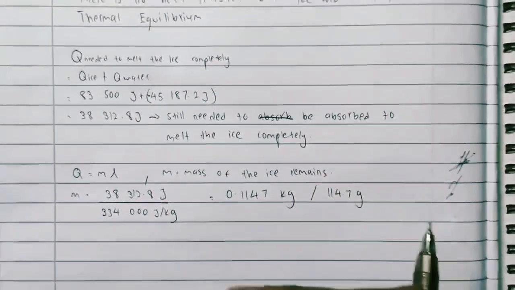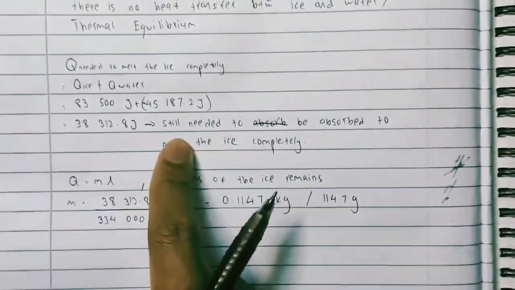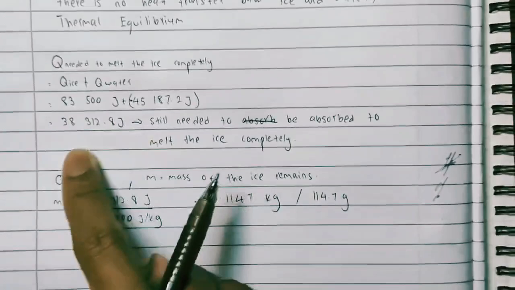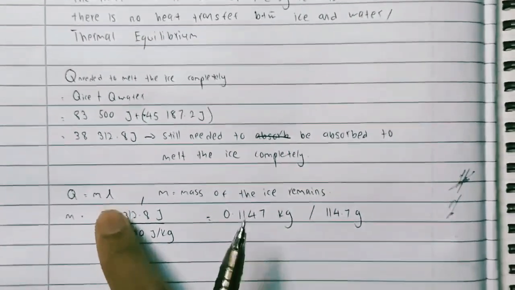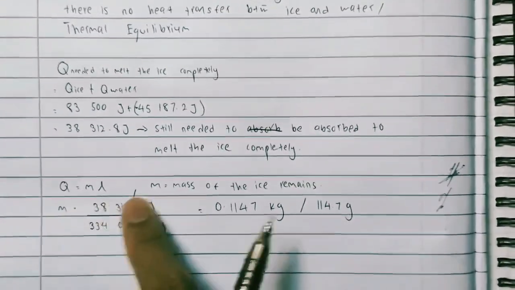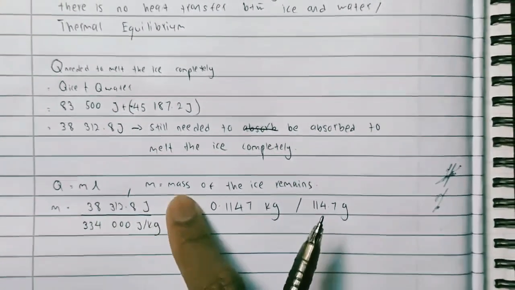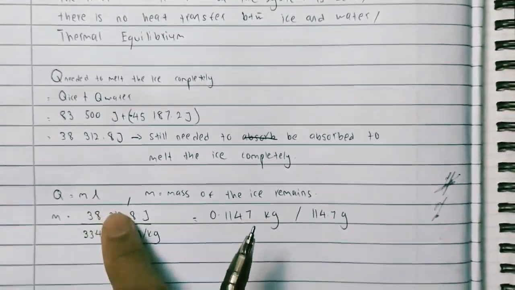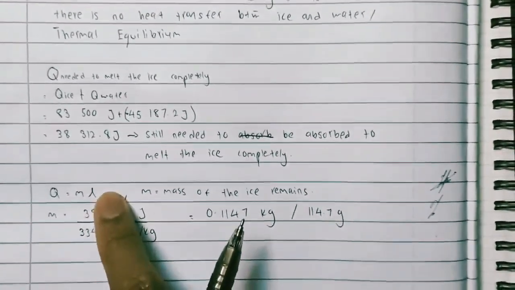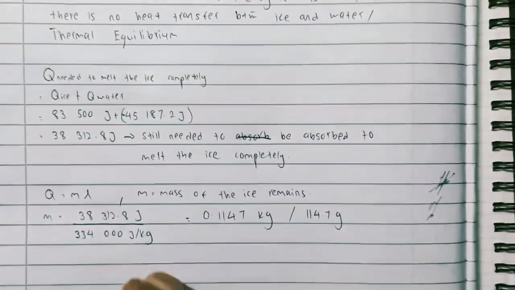So then we substitute this value into the equation Q equals M times L, where M refers to the mass of the ice that remains and L refers to the latent heat of fusion of the ice.